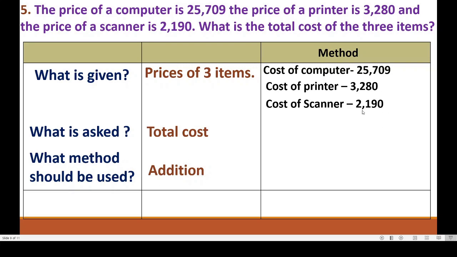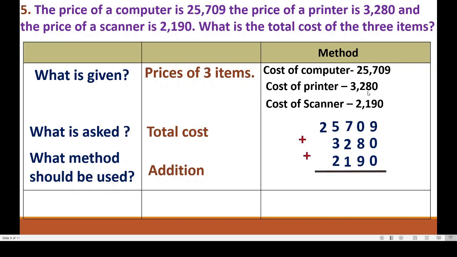So we will write these 3 numbers in vertical arrangement. See, this is the first number 25,709 plus 3,280. Next is 2,190. Okay. Come on, we will add all these 3 numbers.